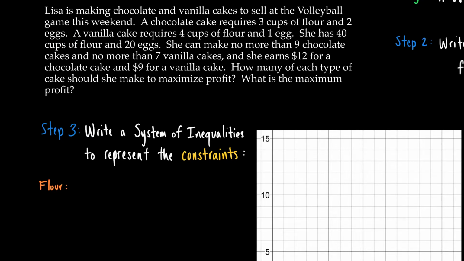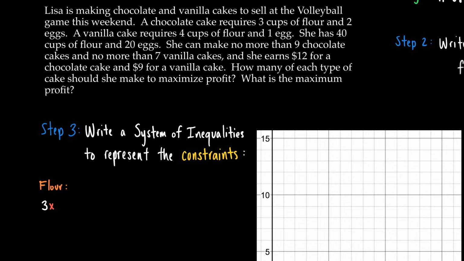So if we only have 40 cups of flour, and each chocolate cake requires 3 cups and each vanilla cake requires 4 cups of flour, then we're going to write a constraint saying I can only use 3 cups for the chocolate and 4 cups for the vanilla, and together those need to be less than or equal to 40. So let's do that. If we take 3 cups of flour for every chocolate cake, and X is the number of chocolate cakes, then the amount of flour we use is 3X.